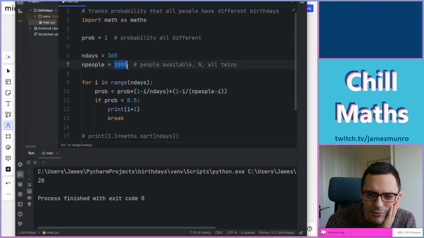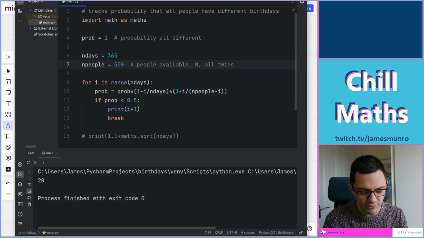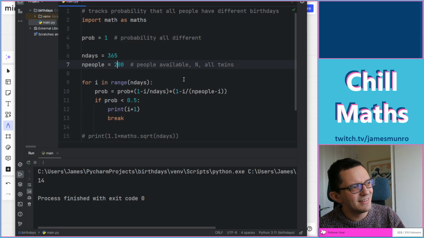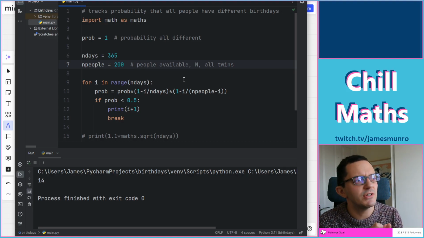But if you bring this down to 500 or something, then that starts to really reduce the time that it takes. There's a kind of competing thing to say, is it happening because you found a pair of twins who shared a birthday, or is it happening because you found 2 people who just happen to have the same birthday?